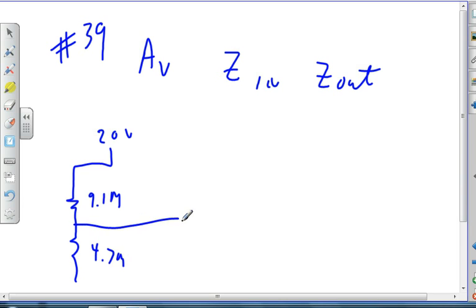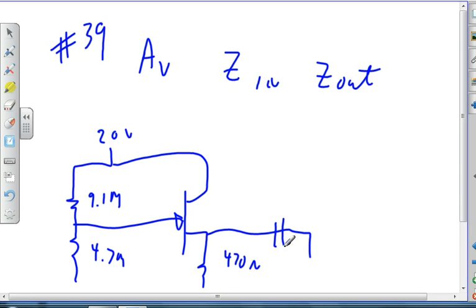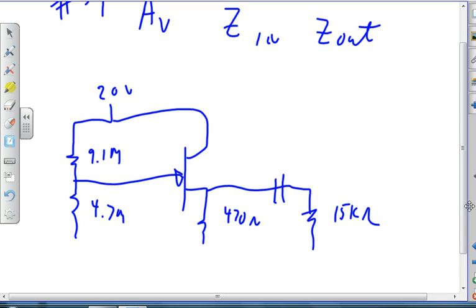And then I got this guy coming up to there, coming down that way. 470. And then I got a capacitor and 15k ohms. And GM is the transconductance, 2,500 microsiemen. Okay, so I got a 4.0 for drawing the picture.